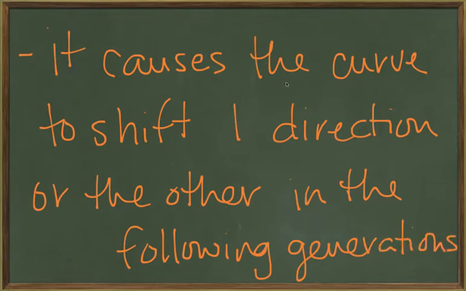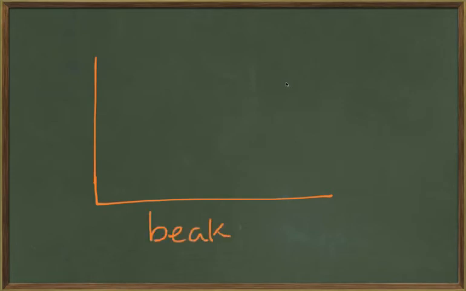What this looks like, if you have out a graph, X and Y axis, say we were looking at finches because that was Darwin's favorite organism to look at. One of the main characteristics that he looked at was beak size. So I'm going to make that my x-axis. On my y-axis is going to be the number of birds that I looked at.